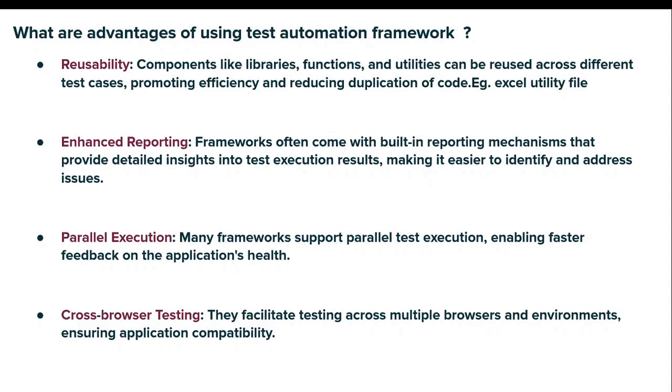We have seen one example, the Excel utility file, in which we wrote code that can be reused across all the projects. If you write the same utility file once, we can use it to avoid duplication of code, and it also makes our test case files less complex. So reusability is one of the benefits of using a test automation framework.